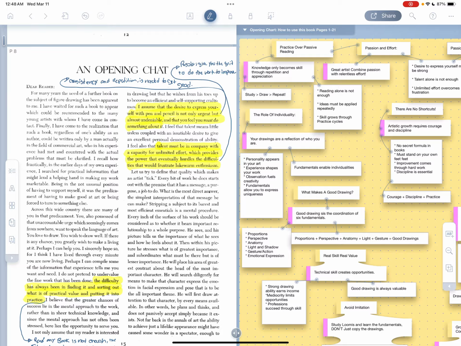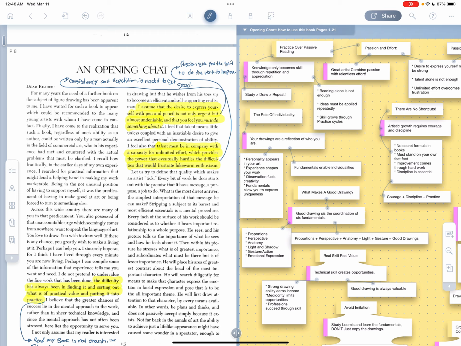Talent must be in company with the capacity of unlimited effort, which provides the power that eventually hurdles the difficulties that will frustrate the lukewarm enthusiasts."